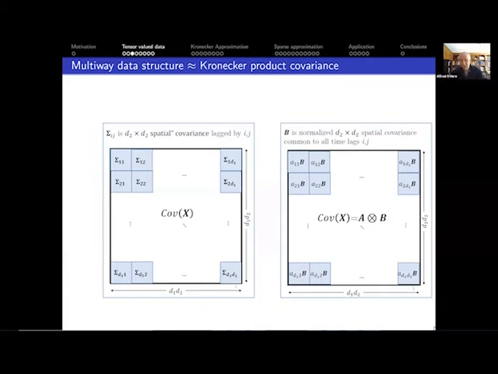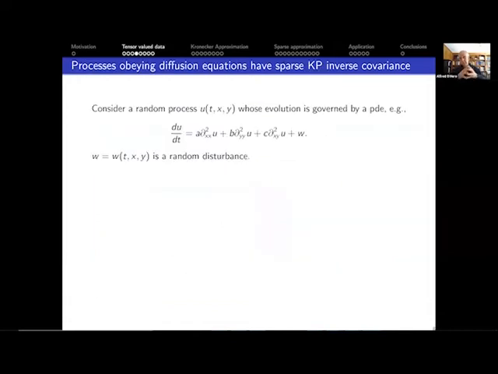So that type of model is perhaps questioned as to why one would ever want to use such a simple model. Well, I'm going to motivate this simple Kronecker product model by a fairly general class of processes. That is, processes that obey a differential equation, a partial differential equation over time.